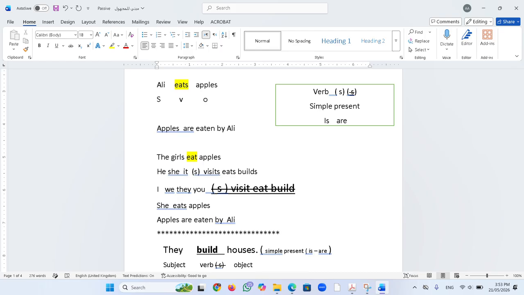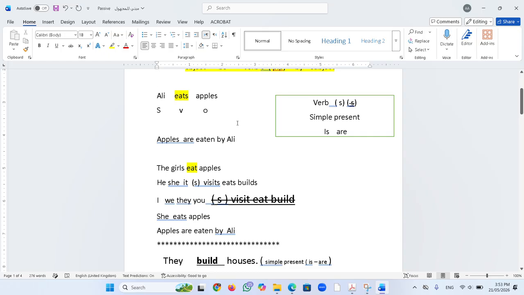Okay, why? Because here is, as I told you before, 1, Ali is 1, eats is 2, and apples is 3. Alright, how to change these sentences? These are the numbers to be able to understand the structure.